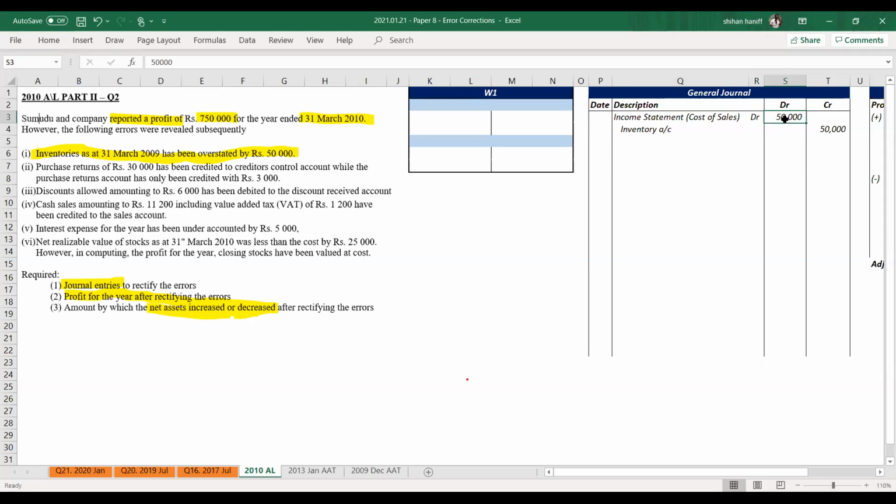The profit will reduce. If the closing stock decreases, the cost of sales increases. Overcasted means calculated more.